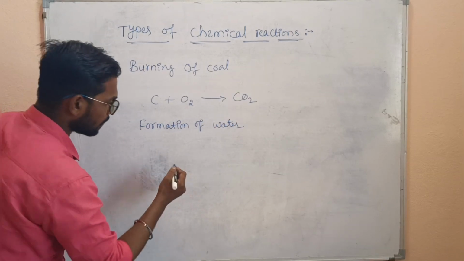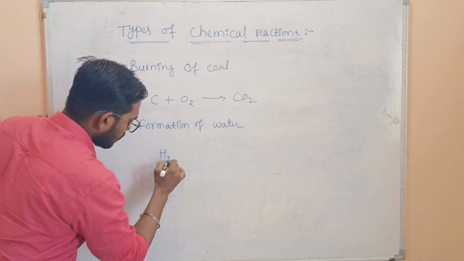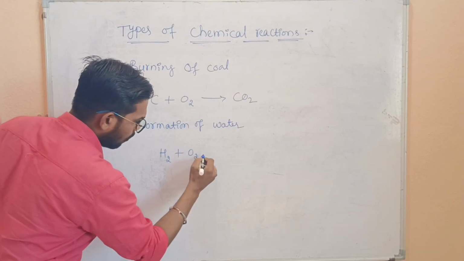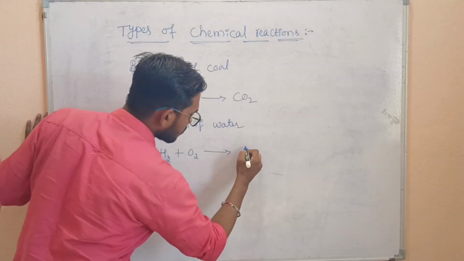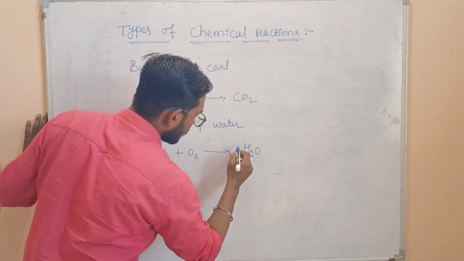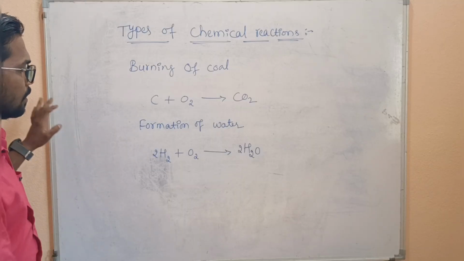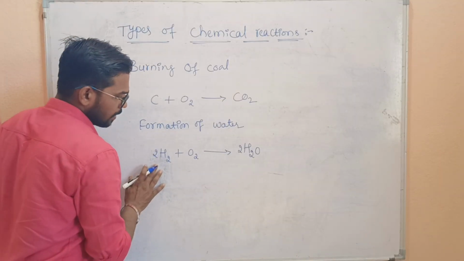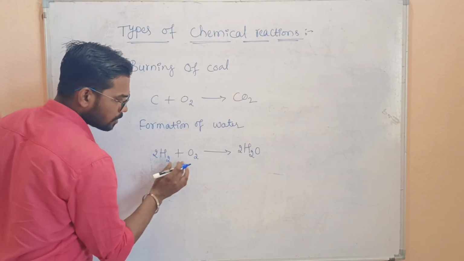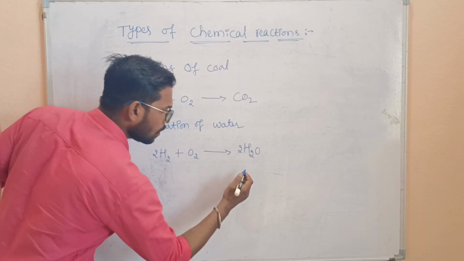How do we form water? Hydrogen and oxygen give H2O. By balancing, we can write it like this. Here hydrogen and oxygen combine to form water.